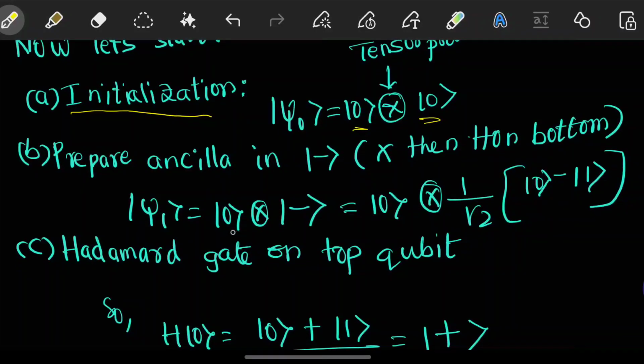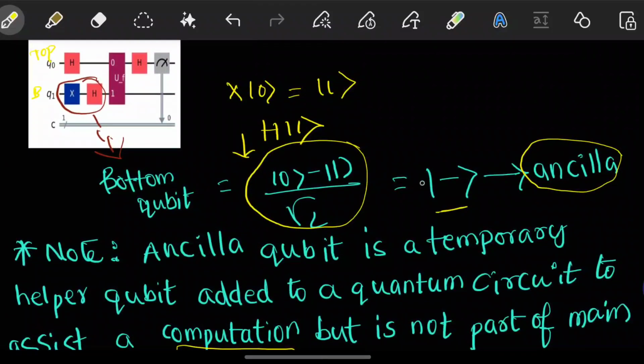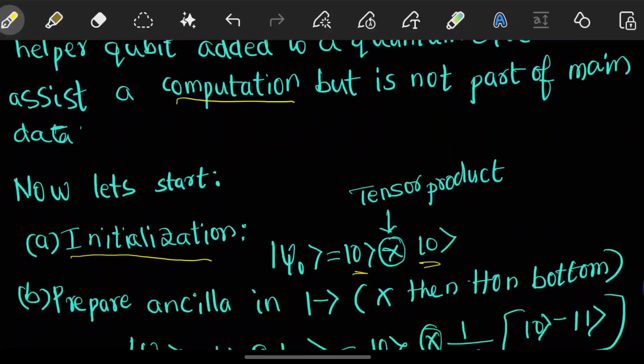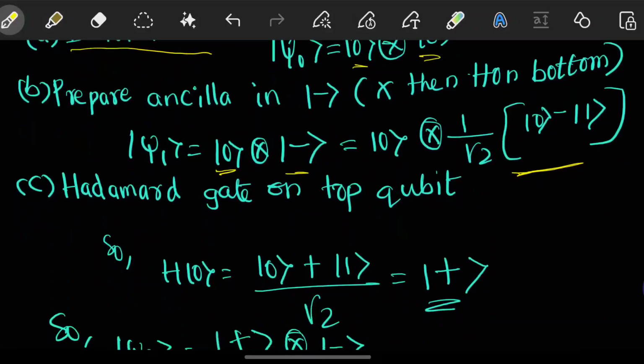We have already calculated that the ancilla becomes ket minus. So I have written here: ket 0, ket minus. Ket minus is the equation you have already seen.